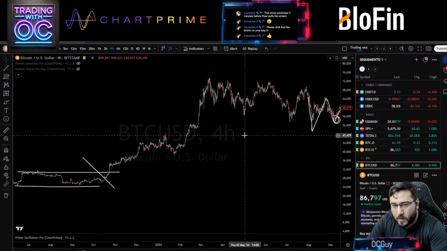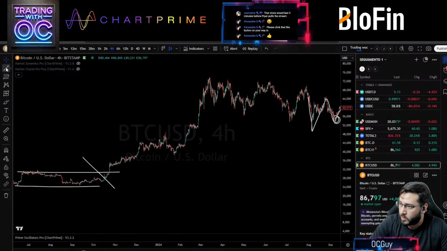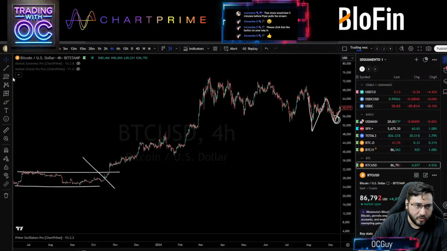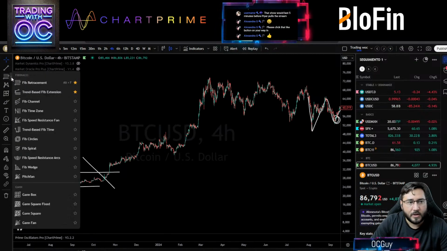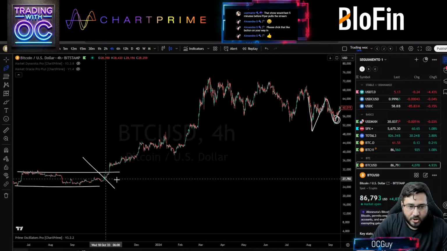But what I want to suggest in these kinds of sections is to go for smaller areas, basically trying to get the inner range. By the way, if you're having some trouble finding the trend, you can always go here to your secondary tool, right below cross, and then use the regression tool.